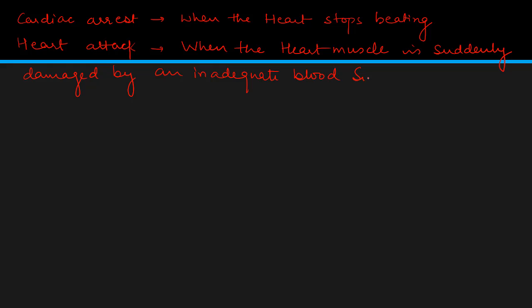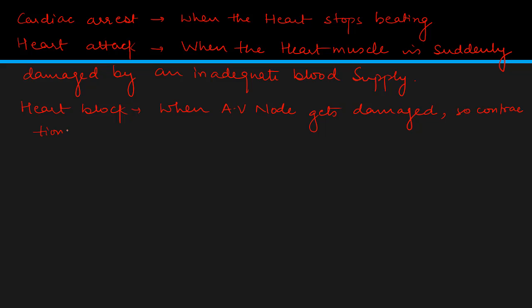Okay, is that understood? Then comes heart block. When the AV node gets damaged, contractions do not reach up to the ventricles. This event is called heart block.